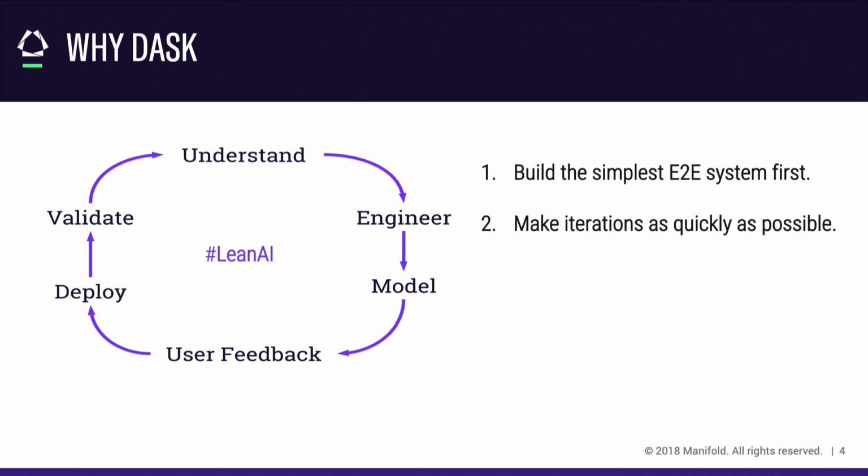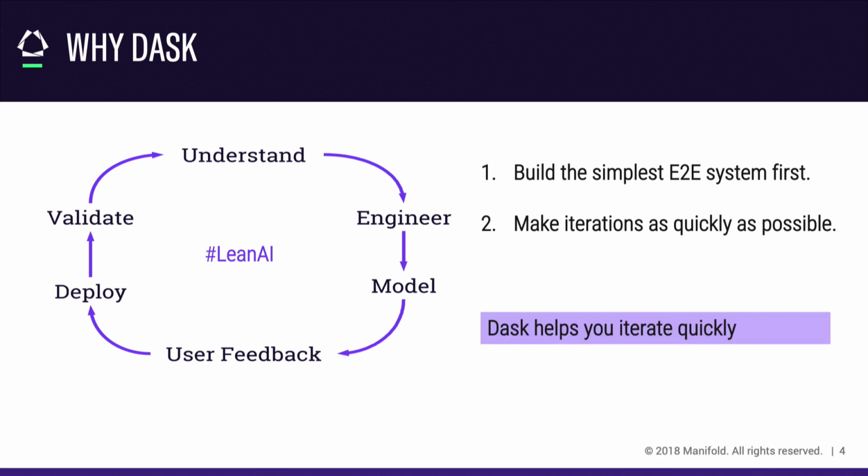Maybe you add a new data source or a new feature and want to see the impact on the model and performance. So basically, it's this quick iteration. That's what Dask really helps with. And we're going to dive into the details of how that can be done.